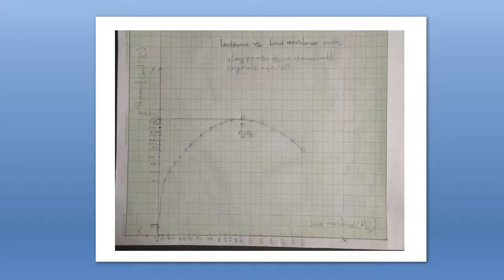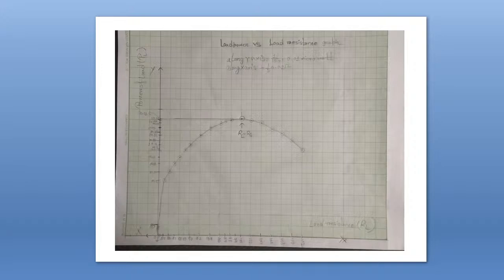I think the main problem you can face in drawing this graph, using different values of load power and load resistance, is the value of the small unit. You must select proper values of the small unit along the x-axis and also along the y-axis. Otherwise your graph or curve may differ from the correct graph.